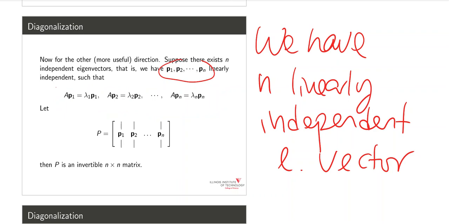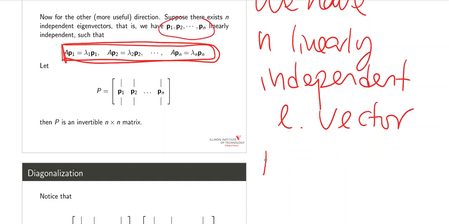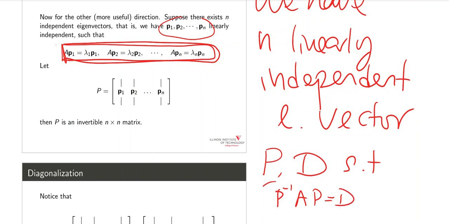Now, I want to show that having this, and also that all the P are independent, I will be able to diagonalize a matrix. Meaning that I should find a matrix P and a matrix D such that P inverse AP equals D.